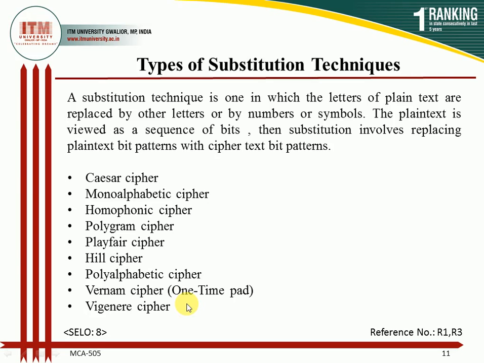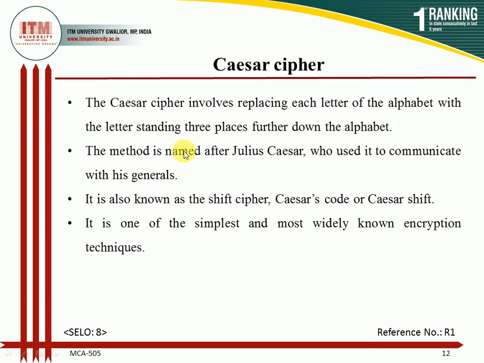So first we move on to the first cipher, which is the Caesar cipher, right? The Caesar cipher basically involves replacing each letter of the alphabet with the letter standing 3 places further down the alphabet. What does it mean? It basically replaces each letter one by one, shifting 3 places.